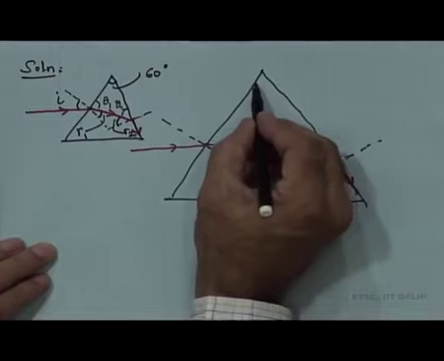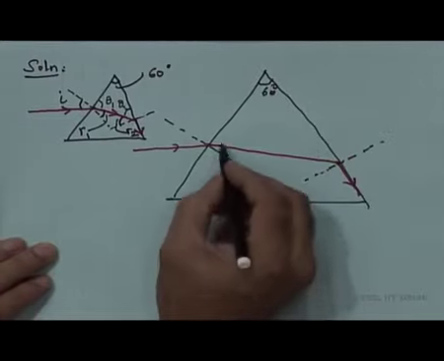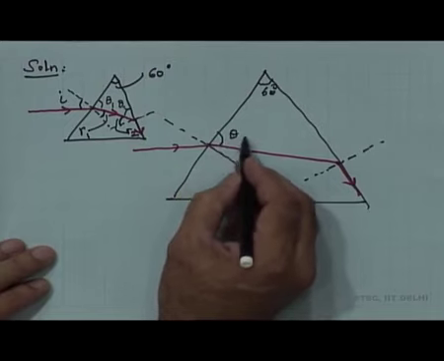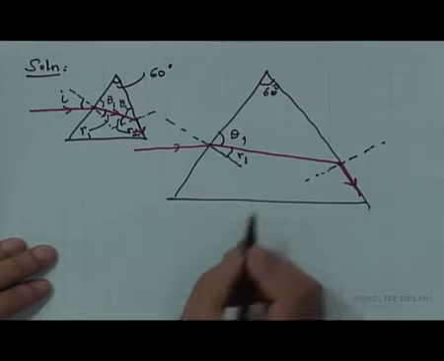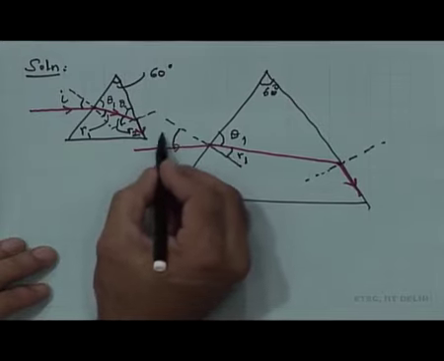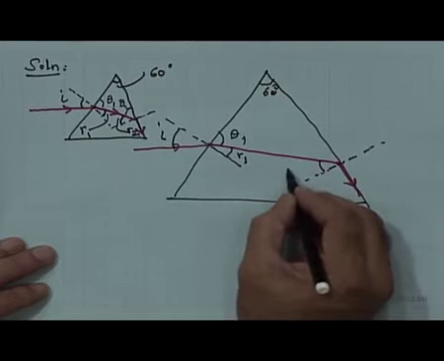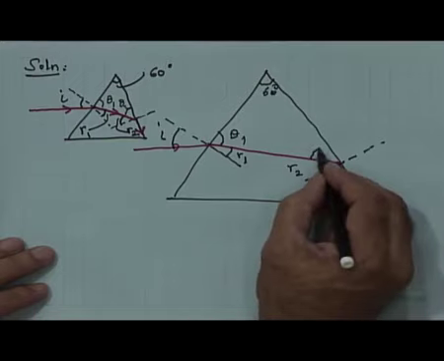So, this is 60 degree. I have called this as theta 1, this is r 1, the refracted angle, this is I and this is r 2, because this will become the incident angle and this as theta 2.